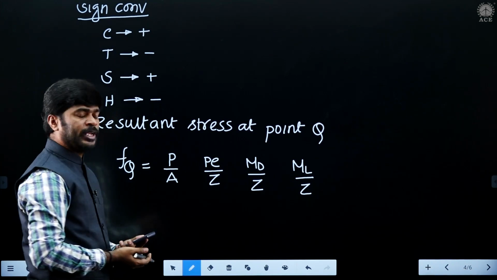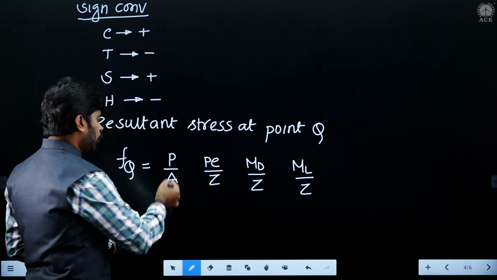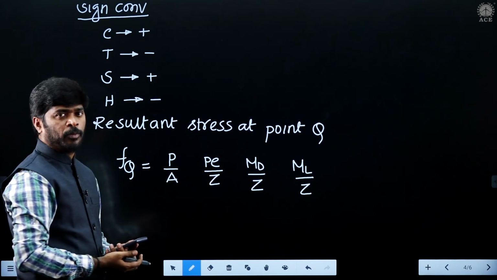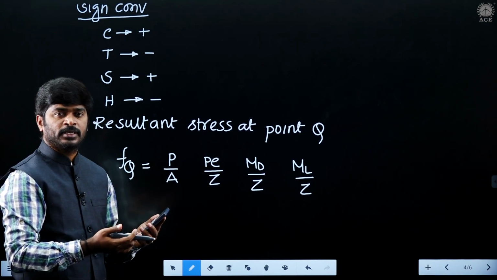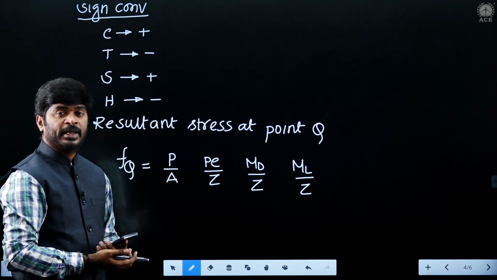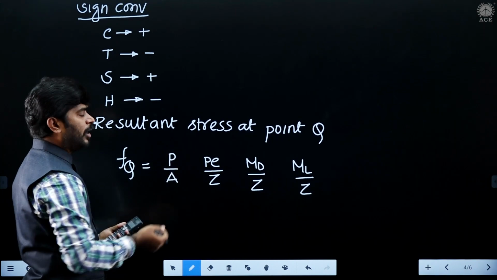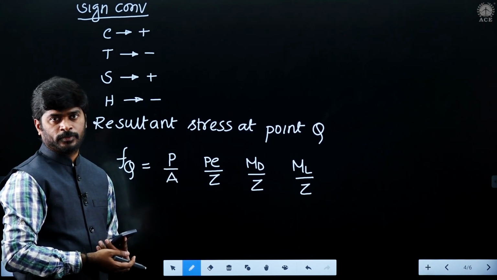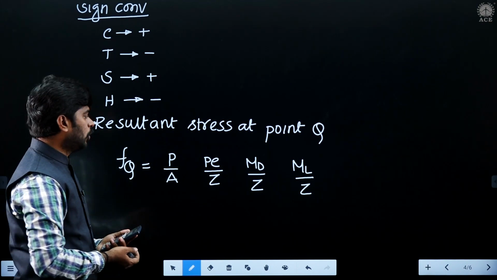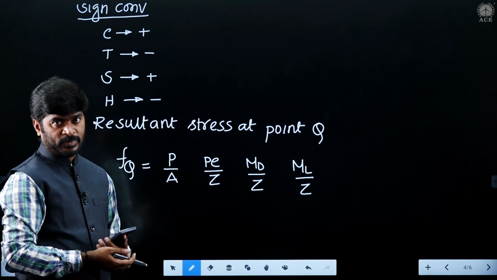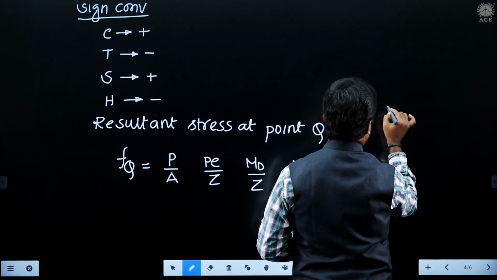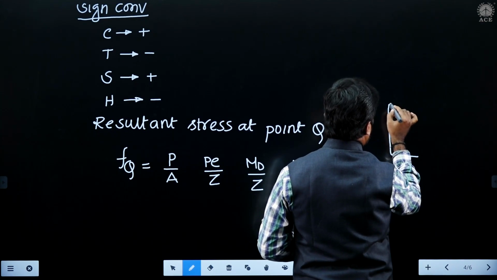Here pre-stressing force is the compressive force, so compressive force upon area will give compressive stress. Obviously, we are going to take it positive, first one is positive. Coming to the next one, PE upon Z, where is the tendon provided? My dear, it is in the region of tension zone, correct or not? So, you must take sign convention based on this, if you don't mind, rough sketch.